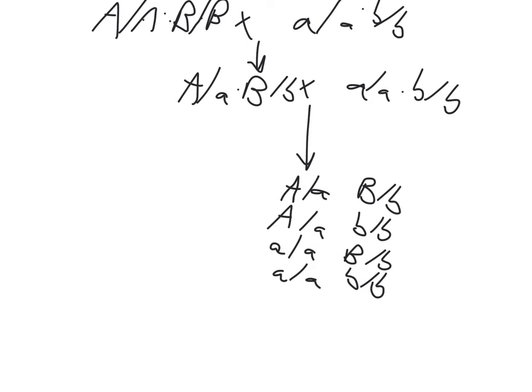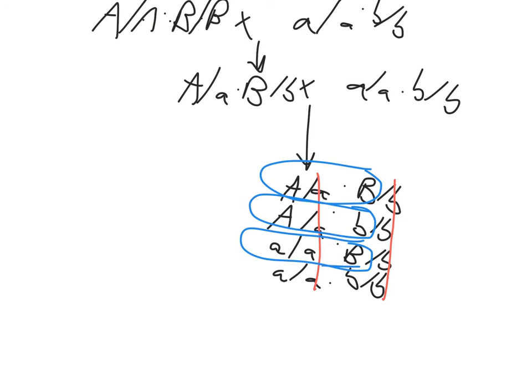So we've got a big A, big B, a big A, little b, a little a, big B, and a little a, little b. So once we cross out the haplotypes that came from the tester, then we have the 4 different possible haplotypes that would come from meiosis from the dihybrid.